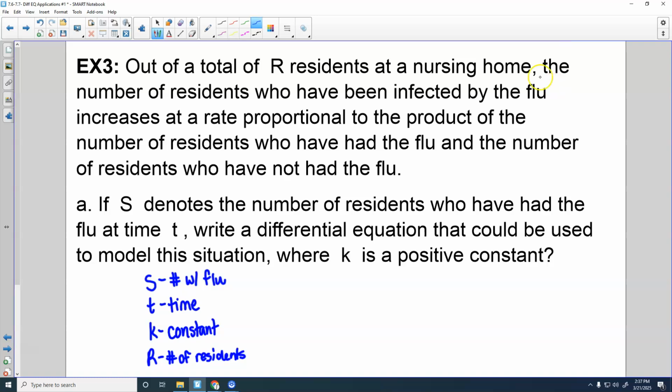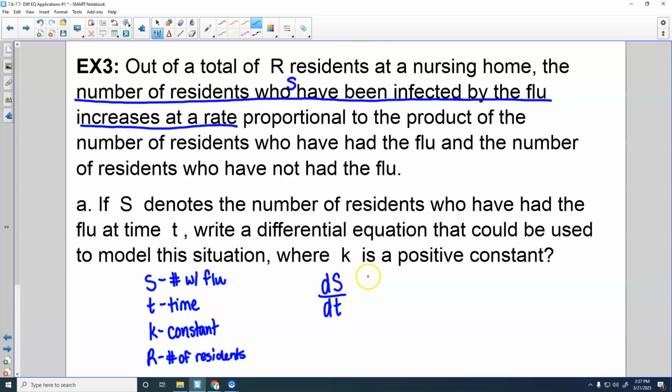If we walk through this, we have the number of residents who have been infected. What variable is that? That is S, but it says increases at a rate. So this full thing is going to be dS/dt. It's the rate that the number of flu cases is increasing.